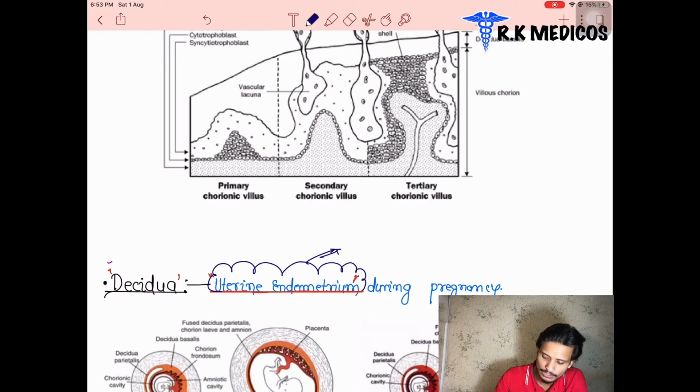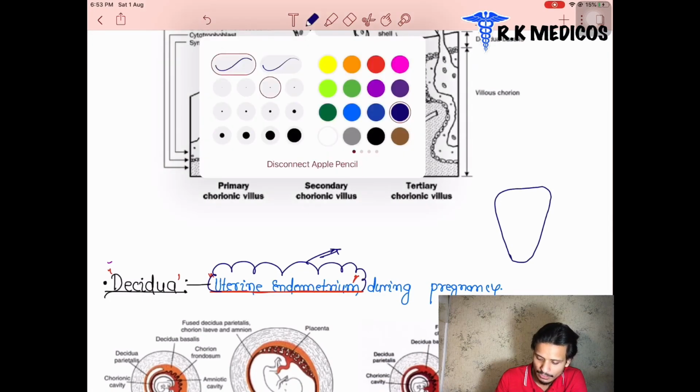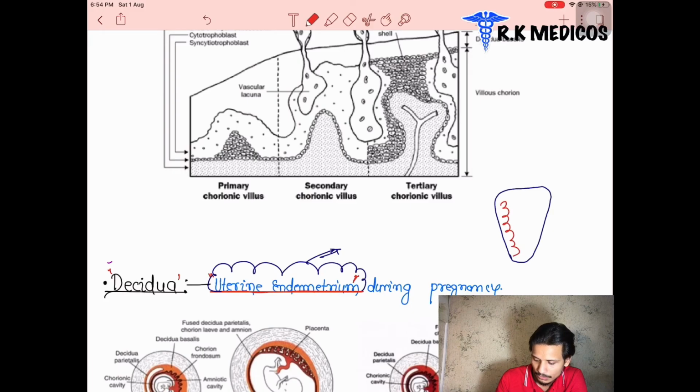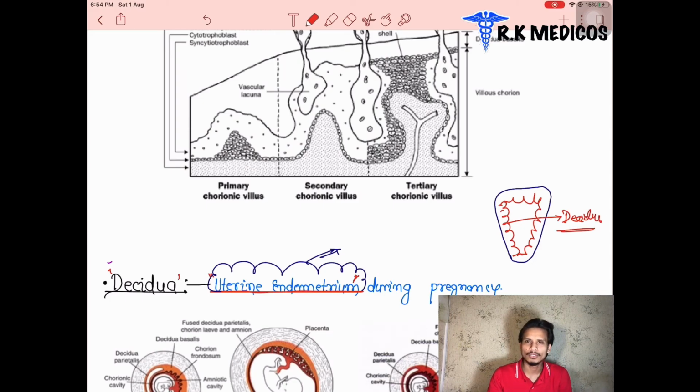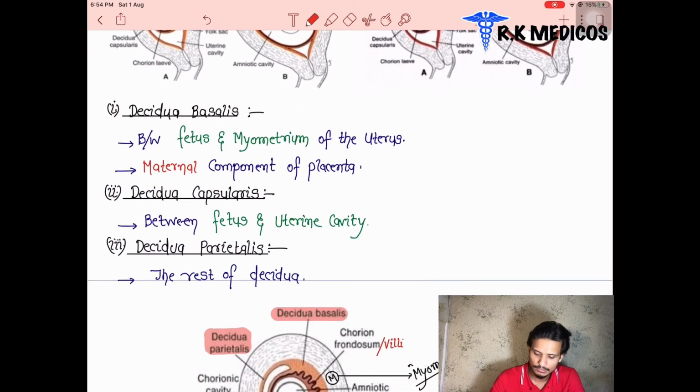Suppose here is the uterus, and inside it is lined with endometrium. This endometrial wall is called decidua. The endometrial glands and endometrial blood vessels proliferate there. Decidua has basically three parts: decidua basalis, decidua parietalis, and decidua capsularis.